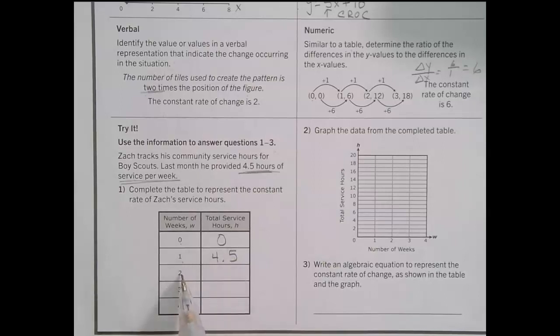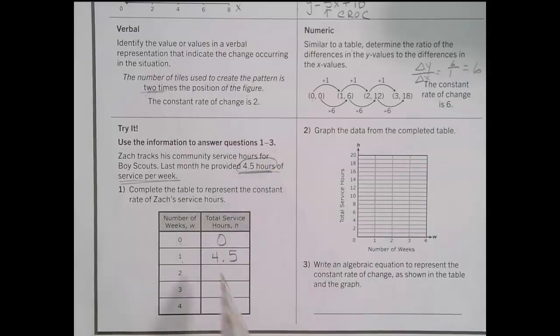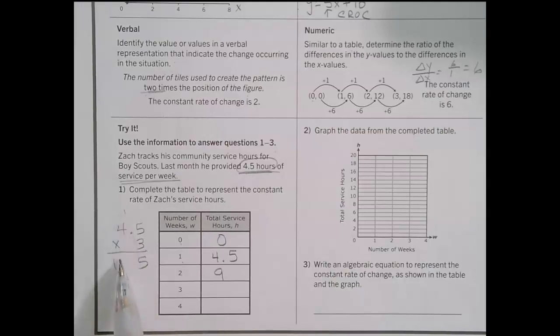If we multiply that 2 by that constant rate of change, it's going to give us 9 hours. If we multiply that 3 by that constant rate of change, and let me just do it. So 4.5 times 3, 13.5.